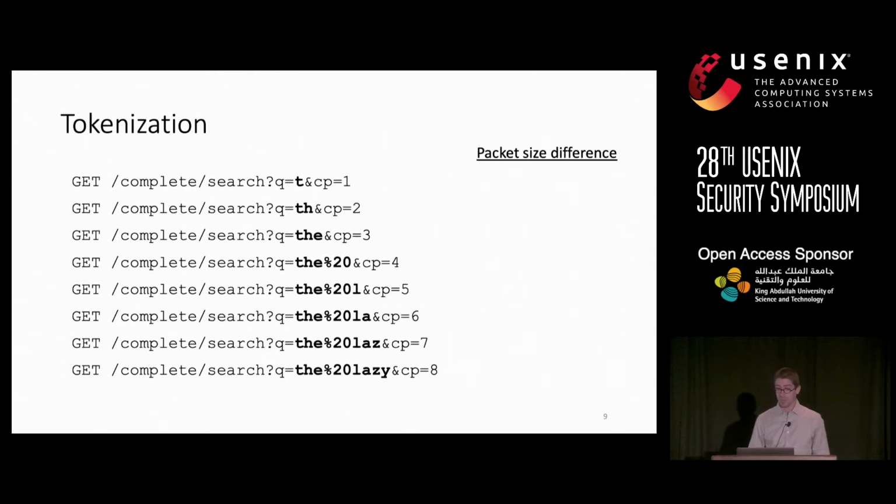So once we have the autocomplete requests, we can then try to tokenize the query, figure out the size of each word in that query. And this is done by looking at the size difference of each request over the previous.